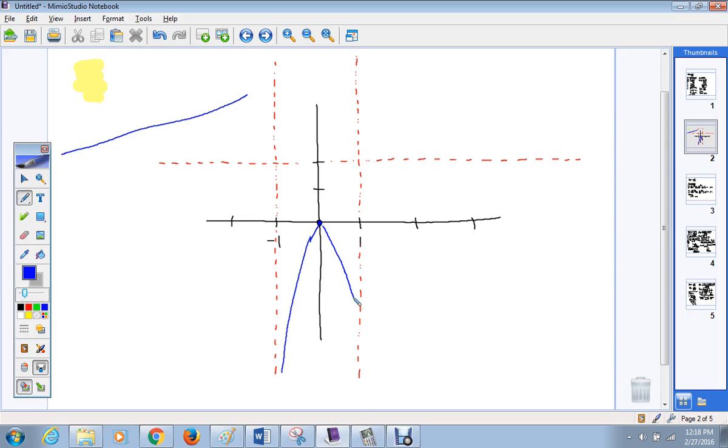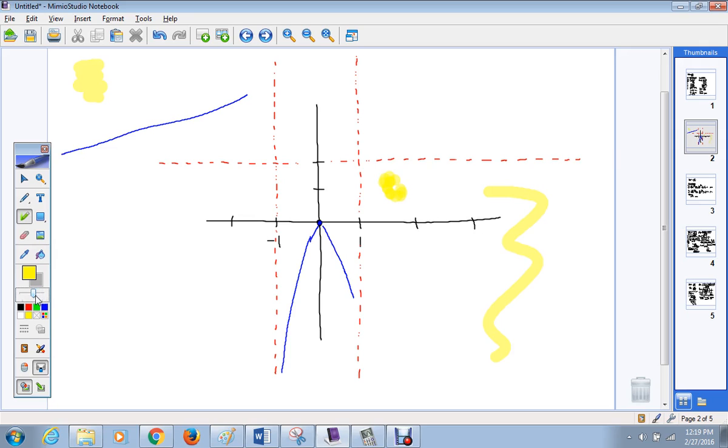And then on the interval 1 to infinity, we are decreasing. Again, we can't be down in this area, because if we were decreasing, we would have to start up in this area and then cross the x-axis, but we don't.